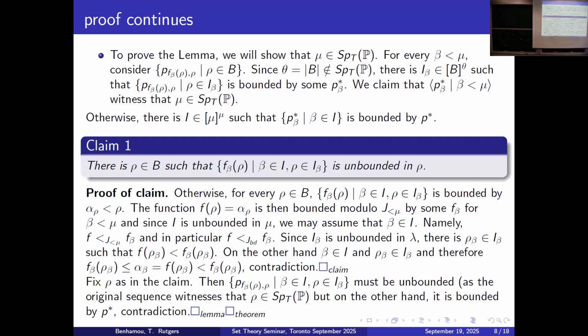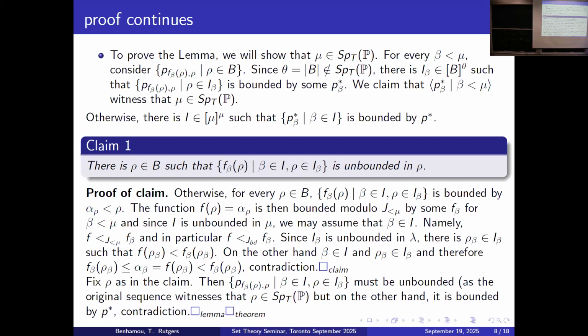So each such function, for each element in this B, which is a subset of X, I only consider those in B, and for each one of these elements it gives me an ordinal below it. So it points to one of the elements in the sequence.